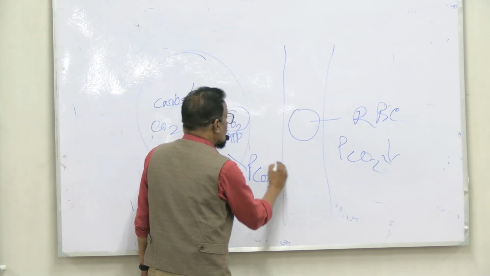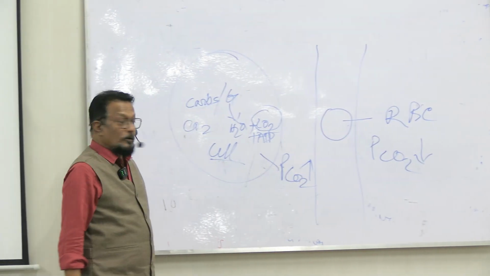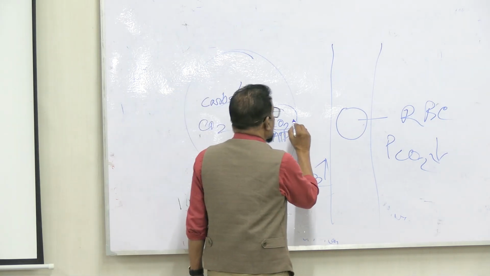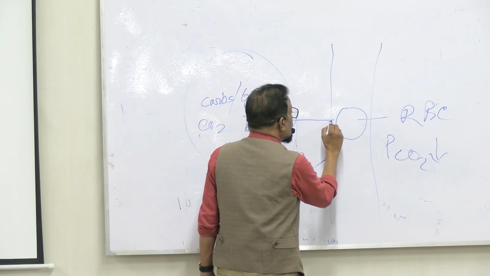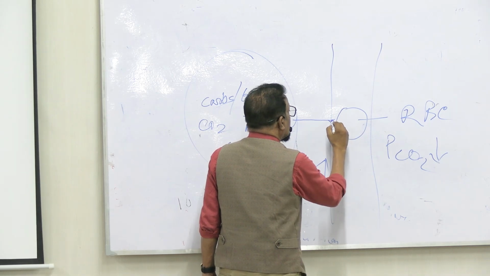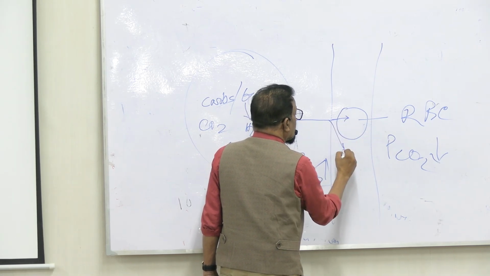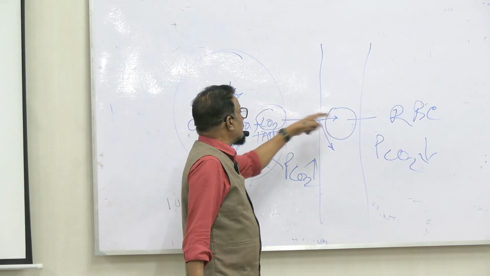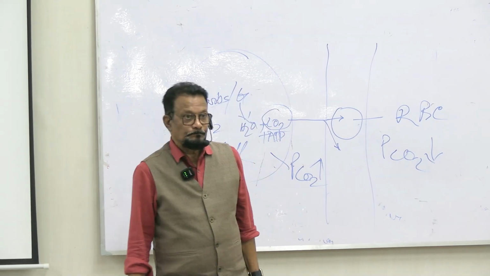So because of this increased partial pressure, carbon dioxide will be diffused into RBC, into blood, and most of them will be transferred into the RBC.